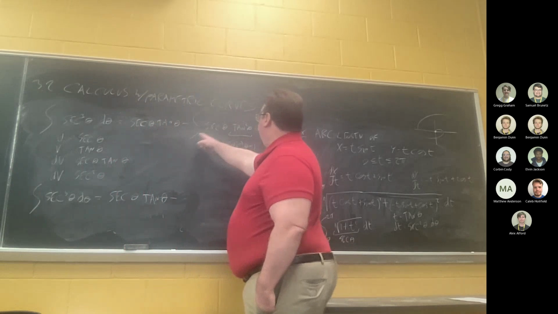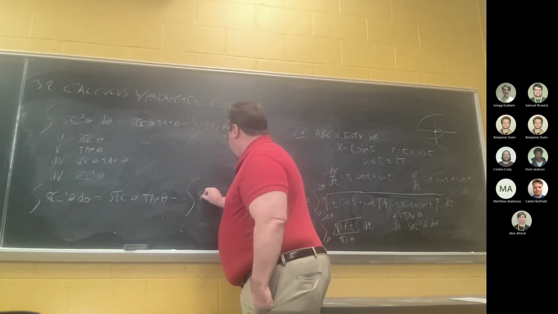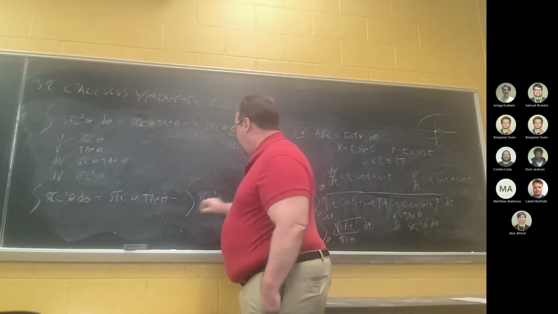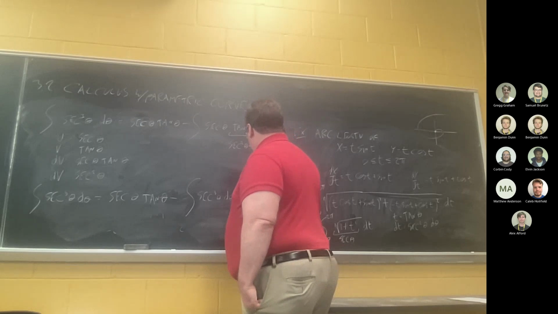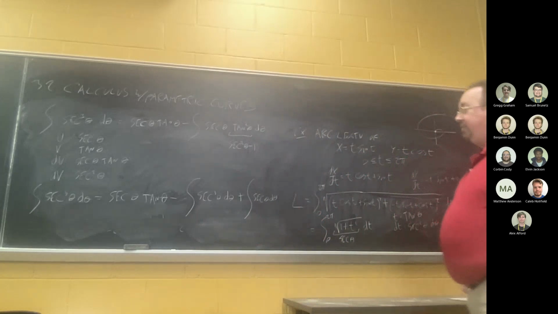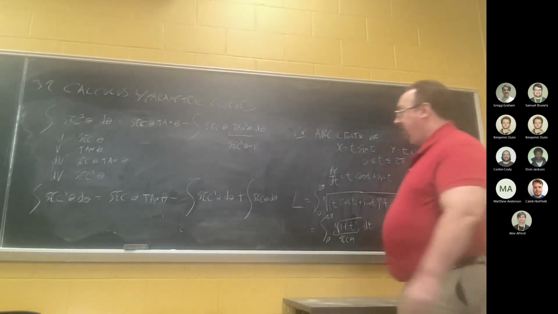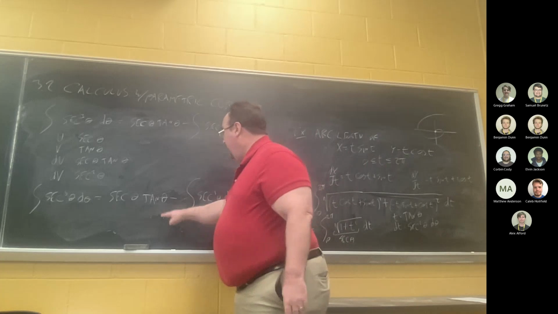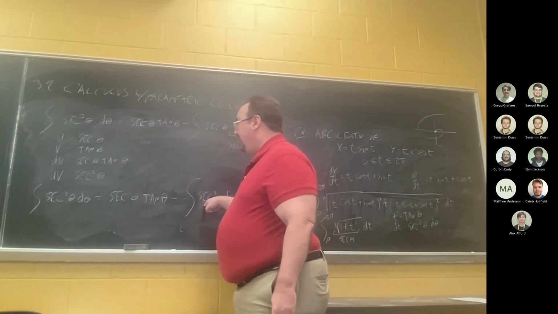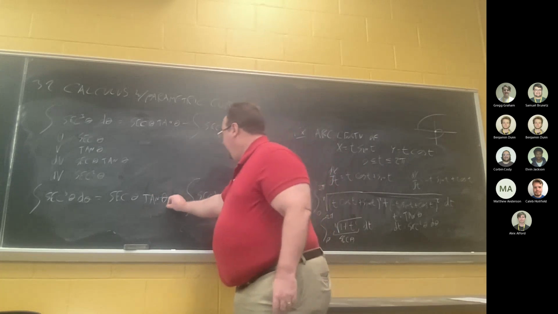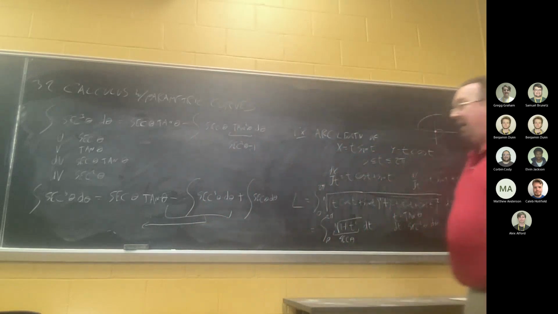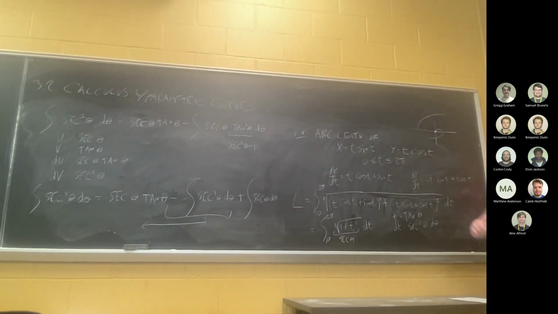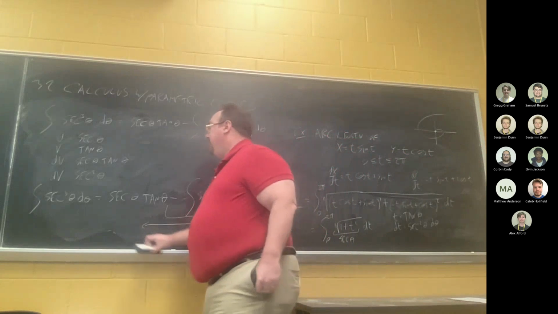Distributing, I get minus the integral of secant cubed theta, which is where I started, and then plus the integral of secant. Before you think you're going around in circles, keep in mind that we have the same integral on the right as we started with, except with the opposite sign. So you move it to the other side, and now you have two of them on the left side, so you can just divide by 2.